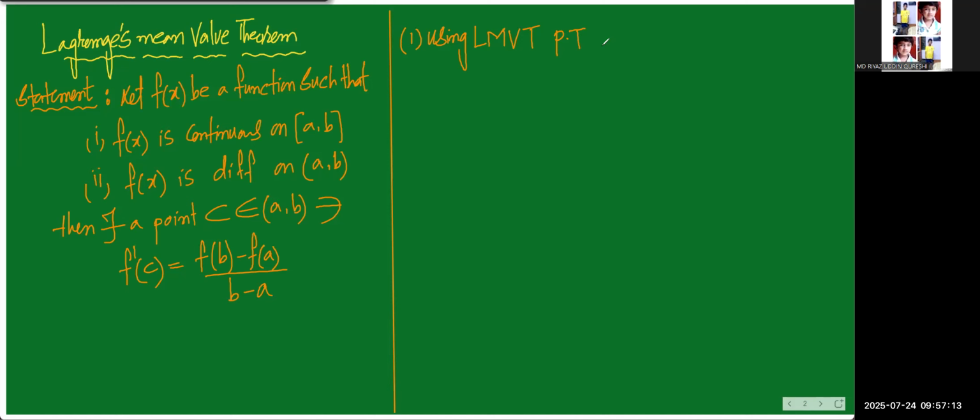How is the question? (b minus a) by (1 plus b squared) is less than tan inverse of b minus tan inverse of a, which is less than (b minus a) by (1 plus a squared). And that's it. Now solution.